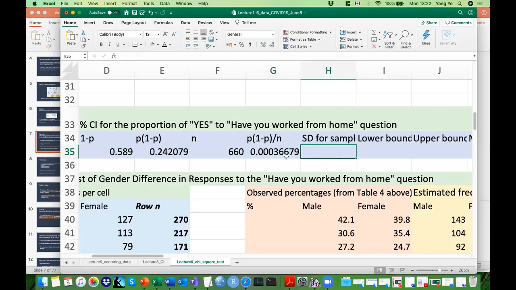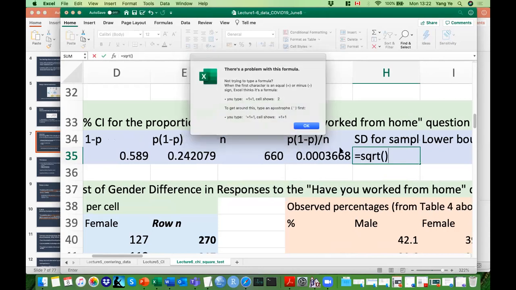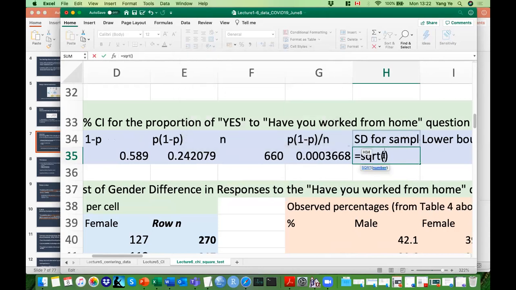And for the standard deviation, we need to take the square root of this value. For this, we can use the square root function sqrt using parentheses, and then use the mouse to select the middle of the parentheses, and then you select the value. Okay, so that's the equation that you'll be writing, sqrt parentheses G35. G35 is a reference to the G35 cell.